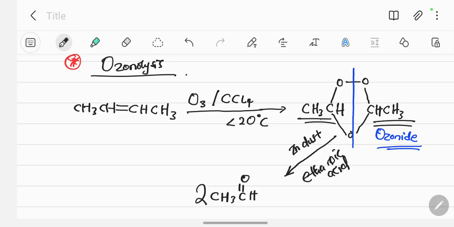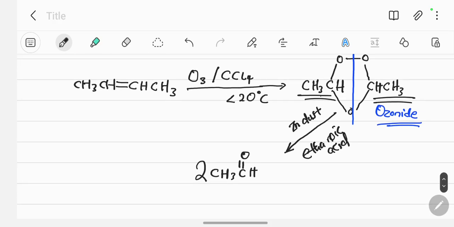That is, which is our ethanal. So that is it.